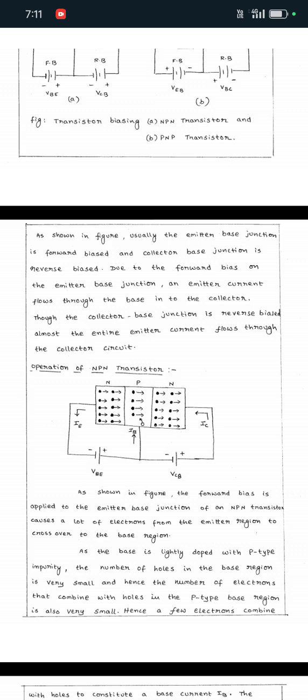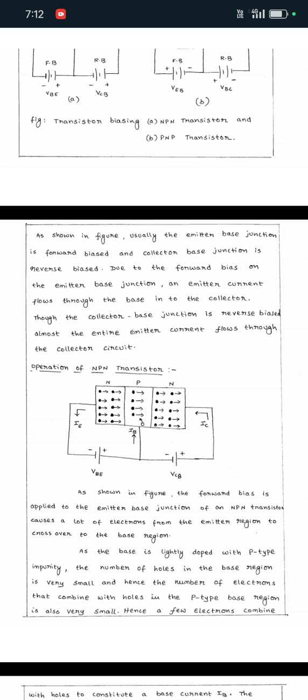In the base region the majority carrier is holes, so some holes collect the electrons from the emitter and create electron hole pairs. The remaining electrons travel towards the collector junction, the collector N type semiconductor. In that N type the majority carriers are electrons too, so both electrons travel together, and between base and collector, reverse bias is there.